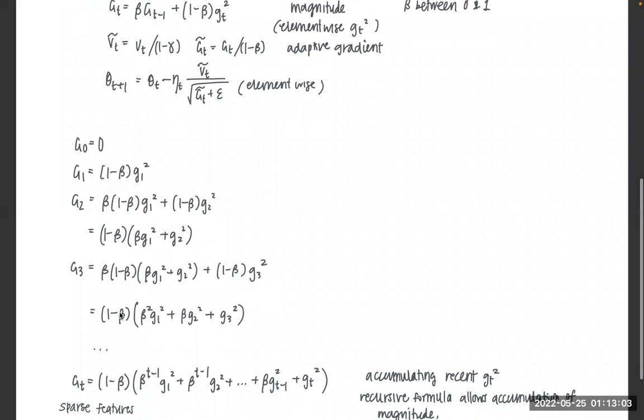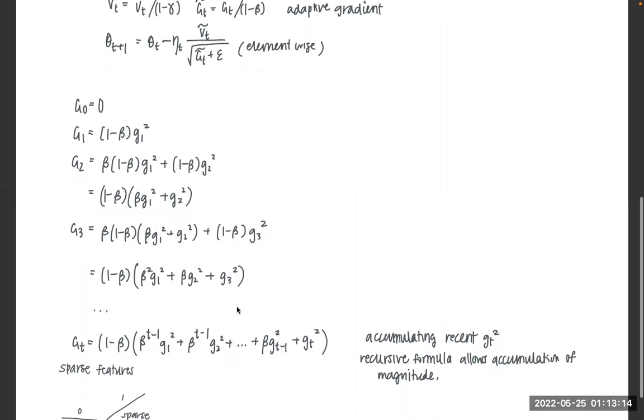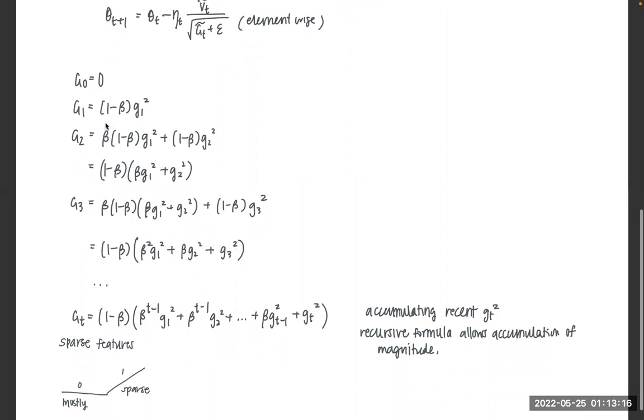So if you move 1 minus beta out, you get beta squared G_1 squared plus beta G_2 squared plus G_3 squared. Now you see a pattern. So G_t will be (1 minus beta) times beta^(t-1) G_1 squared plus beta^(t-2) G_2 squared, and so on, plus beta G_(t-1) squared plus G_t squared.